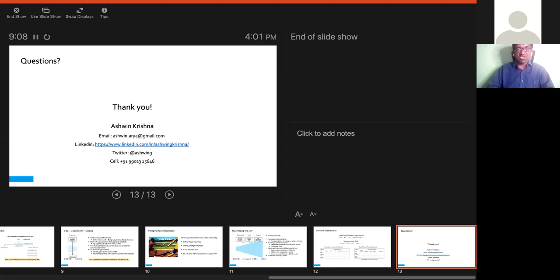I don't know whether they're still running the offer, but there are tools like Apollo.io and a whole bunch of others which help you do some of this heavy lifting by giving all the filters in one place, where you can download the database directly. So these are the different ways we can do it.